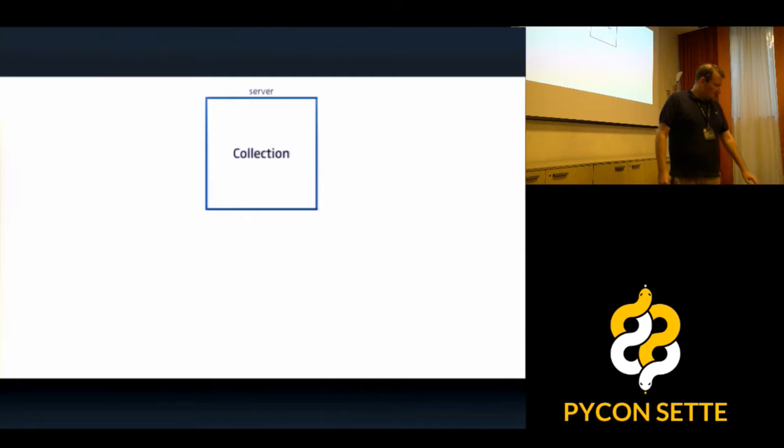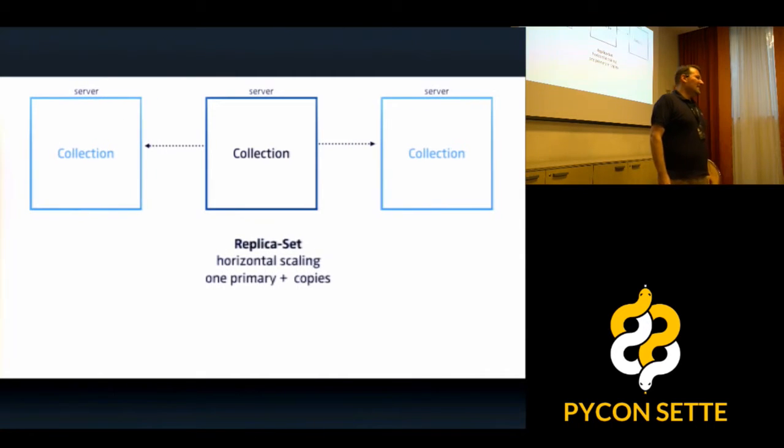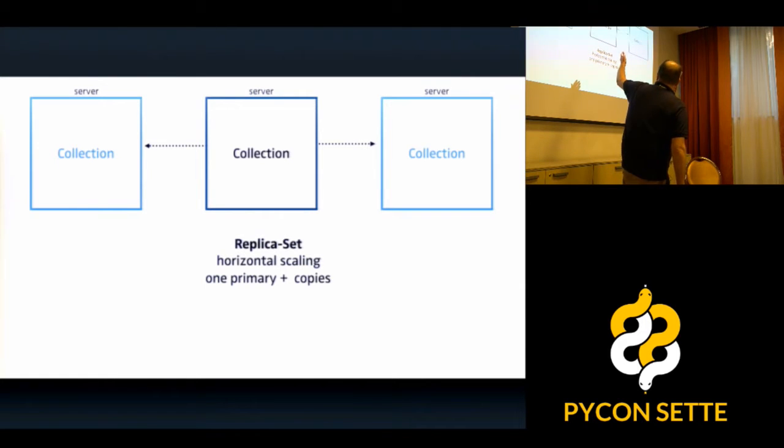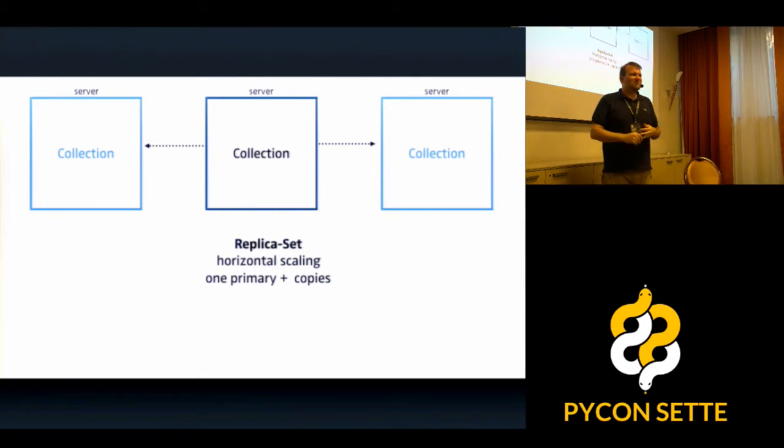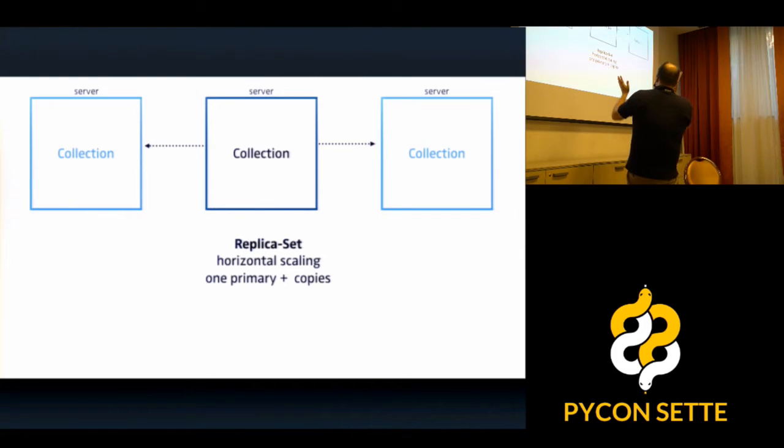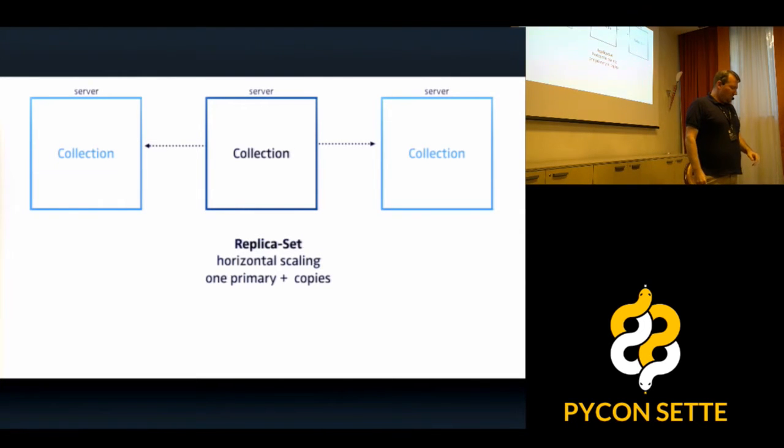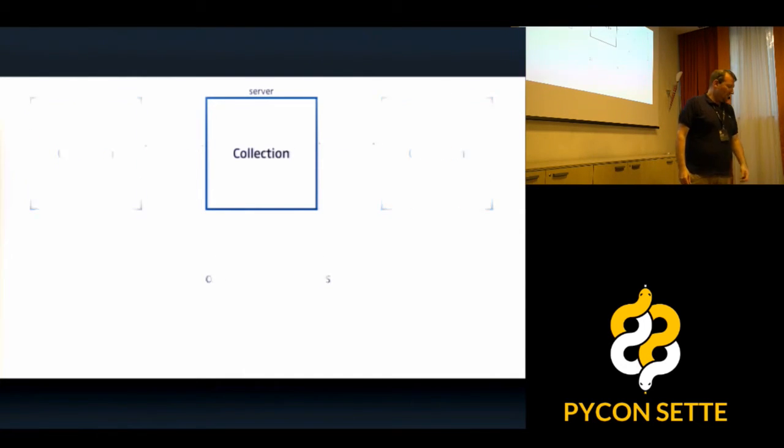A typical scenario is having a replica set. We have one master, the primary, and copies of exactly the same data on secondaries, but those are just copies, and it's not really helping. If you think about scaling the work across these three, there's a lot of extra overhead. So what else could we do?